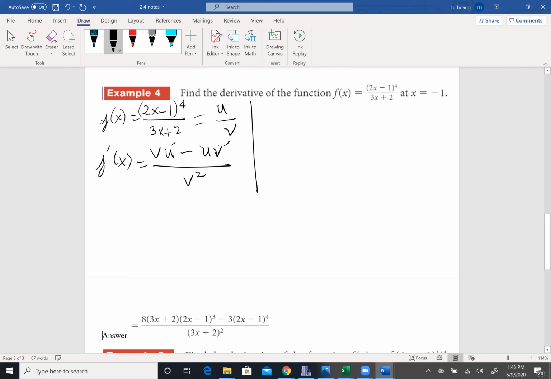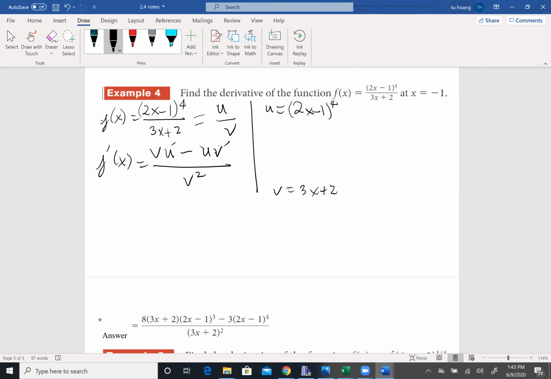Okay, so you need to have u equal to (2x minus 1) to the power 4. And you have v equal to 3x plus 2.